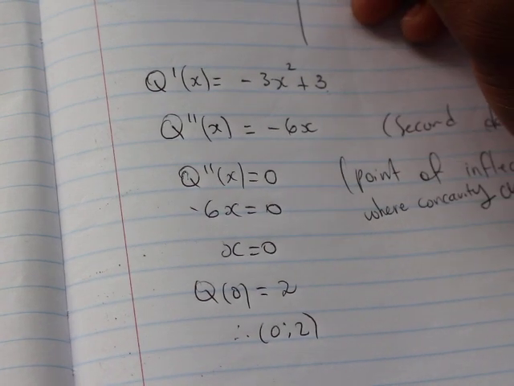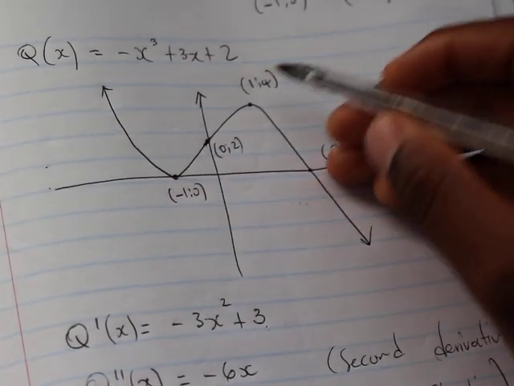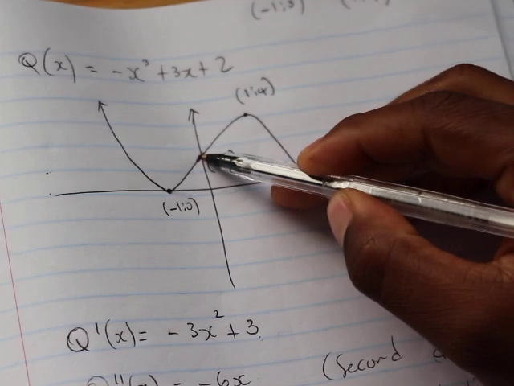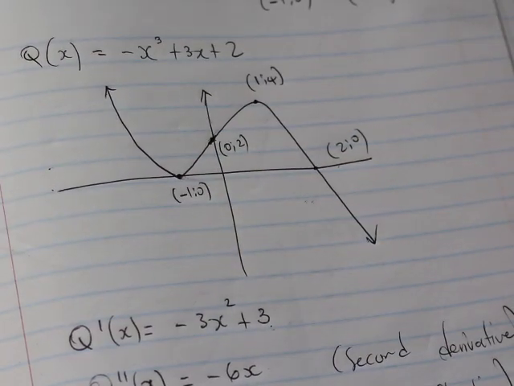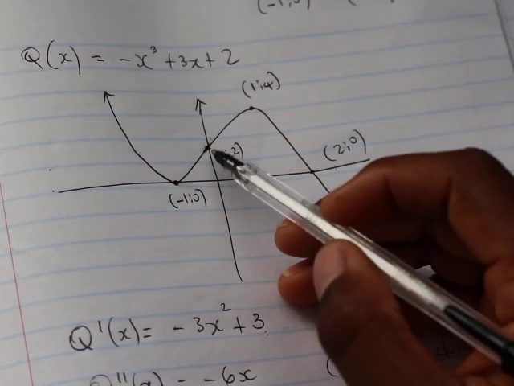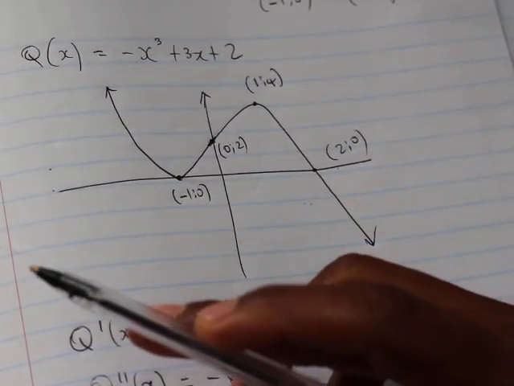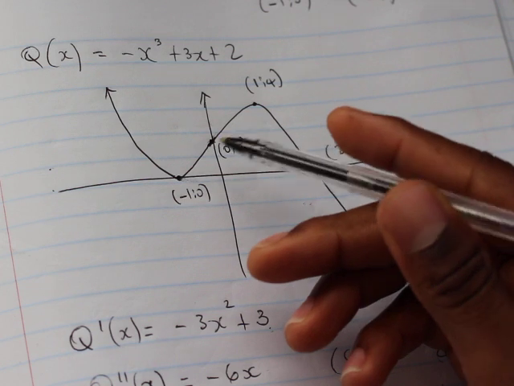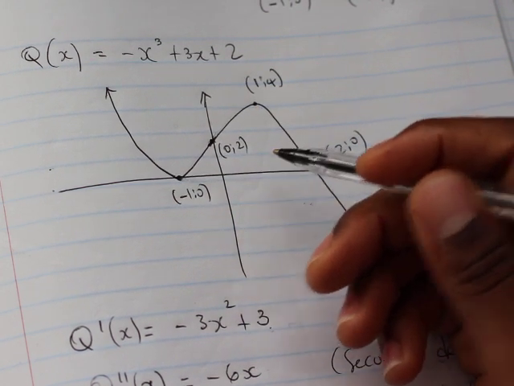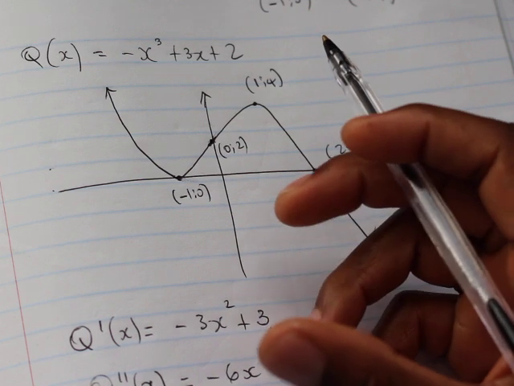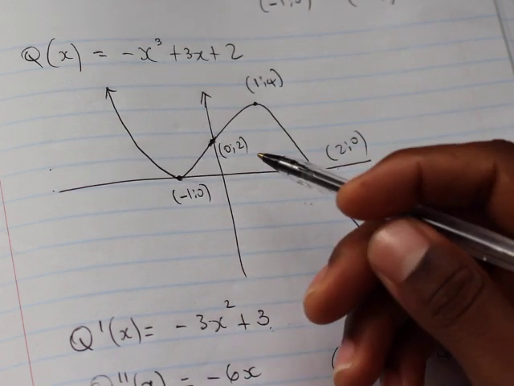So meaning that from this point up to positive infinity, our graph is concave down. But from this point up to negative infinity, our graph is concave up. And when it's concave up, that means it's facing up, literally, right?